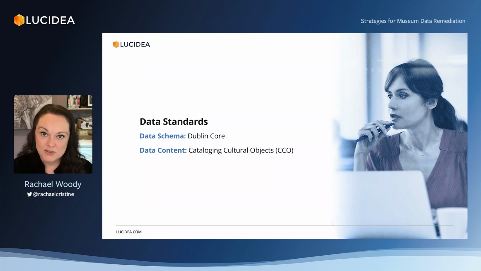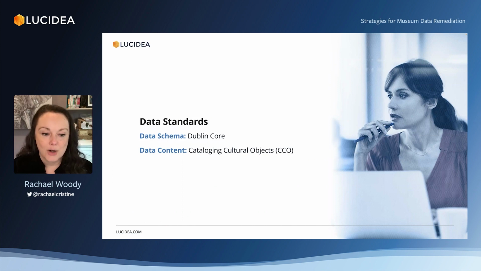For most of us, the majority of us tend to use a Dublin Core data schema. And that essentially means that Dublin Core has put together a set of standard fields that are usually always present in our collections management work. So when we're talking about data schema, that is the fields that we use and that we typically see in a catalog record.